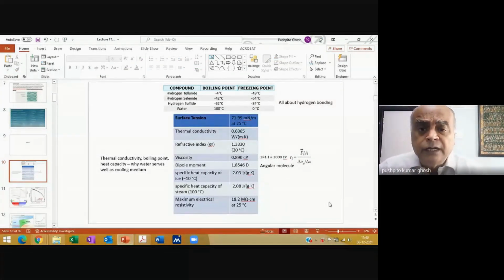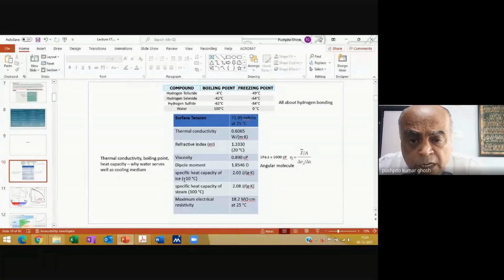You look at the heat capacity. It's got a very high heat capacity. It's important because when you're looking at water as, let's say, a cooling medium, or even as a heating fluid, it is the high heat capacity which is so important that you can do a relatively high level of cooling with a relatively small amount of water.